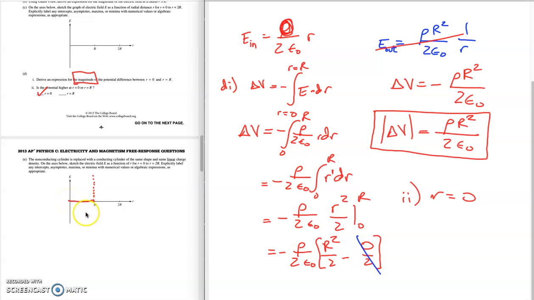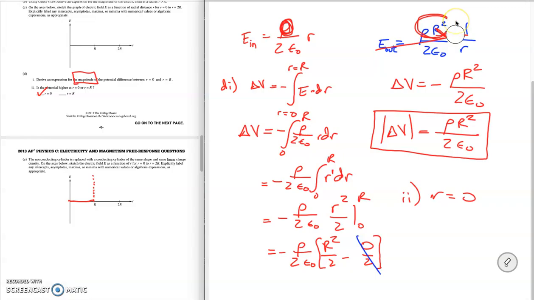Then when we get to the boundary, right at the surface, we're going to now be dealing with the outside electric field that we had dealt with before. It should be surface area times length, not charge times length.